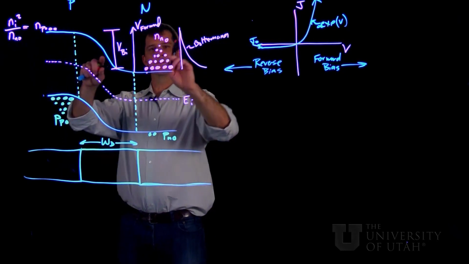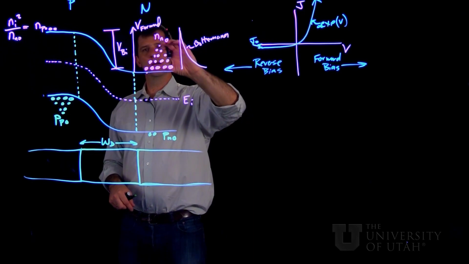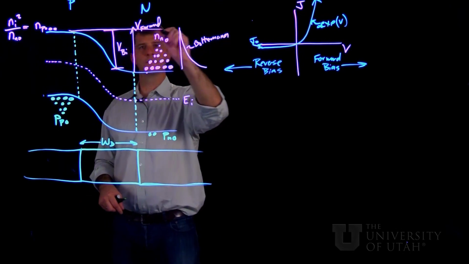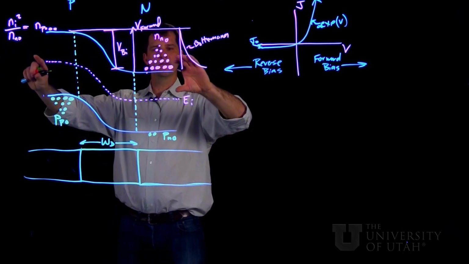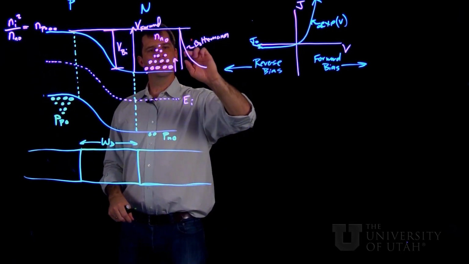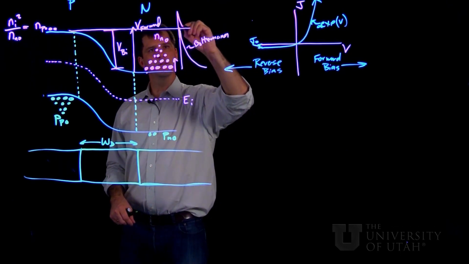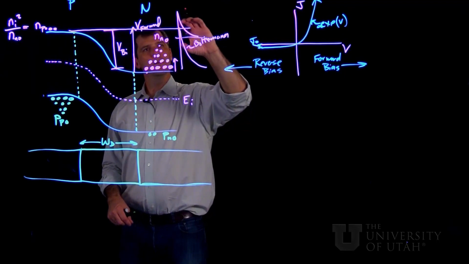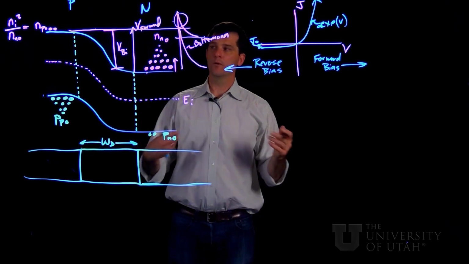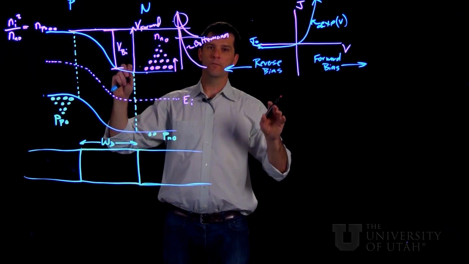So in fact, what you're sort of saying is, what's the probability of an electron having an energy that's high enough that it can go across the junction as a function of bias? So as I add more and more forward bias, what I'm doing is bringing more and more of this Boltzmann distribution with me. And if I apply enough bias, what you'll see is that a large fraction eventually makes it above this delineation line, where they can make it up the hill to the other side of the depletion width just by random diffusion.